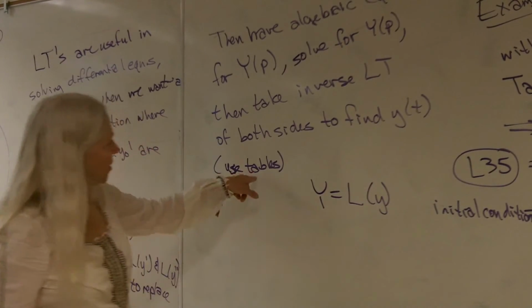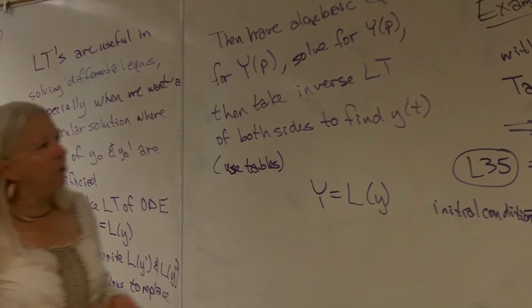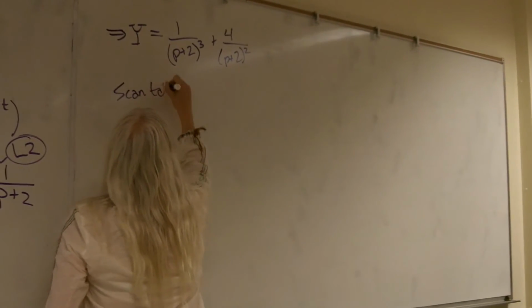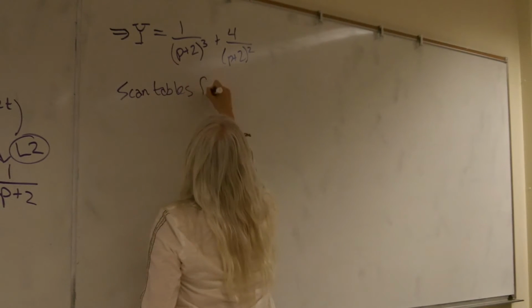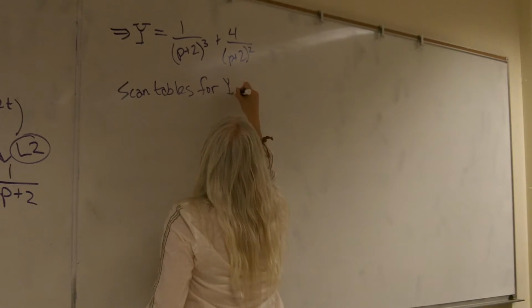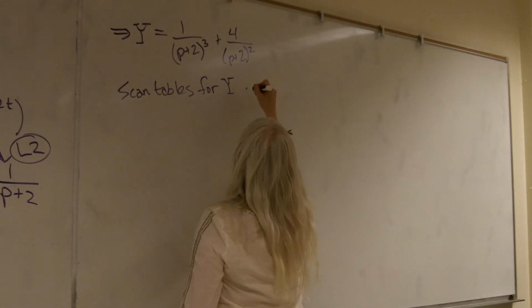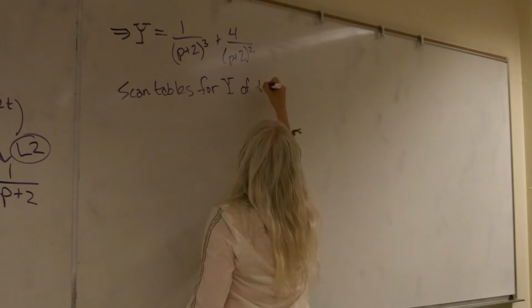And we're going to have to use the tables to do that. So what we want to do at this point is scan those tables, look in the column where the capital Y's are listed and look for something of this form.